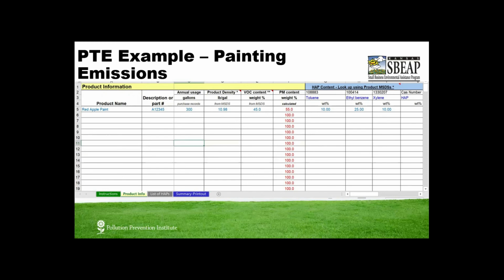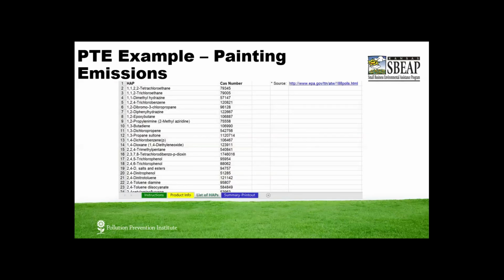Total solids are calculated based on 100 minus the percent VOC. This spreadsheet has a tab that lists the hazardous air pollutants, or HAPs. So if you aren't sure whether a chemical listed in your SDS is a HAP, you can use the Chemical Abstract System Number, or CAS number, minus the dashes to look up HAP chemicals in this table.